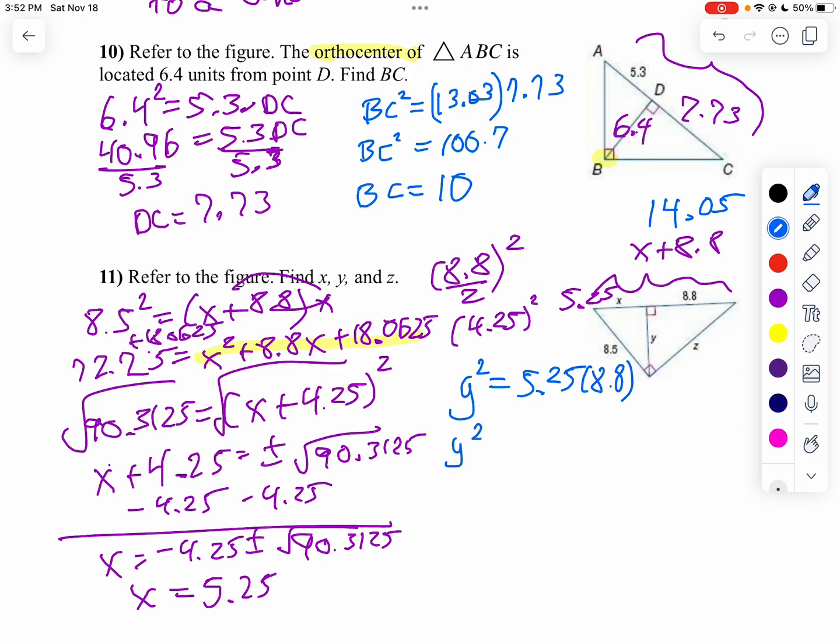So then y squared, if I take 5.25 times 8.8, I get about 46.2. So take the square root of that, and then the square root of 46.2 is about 7.98.